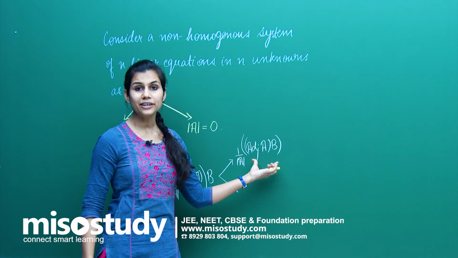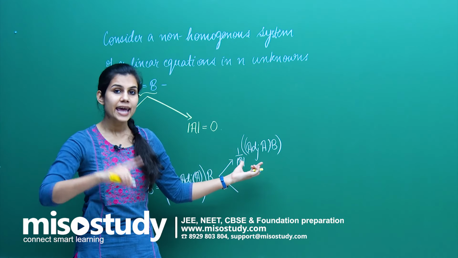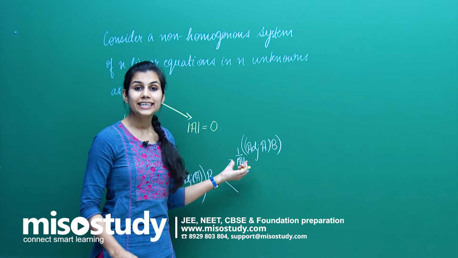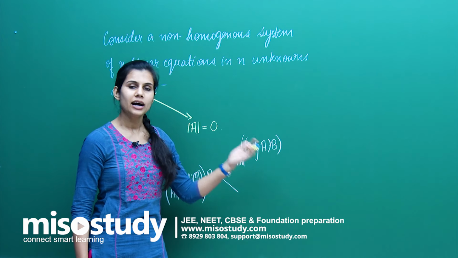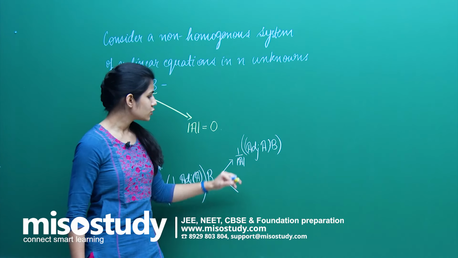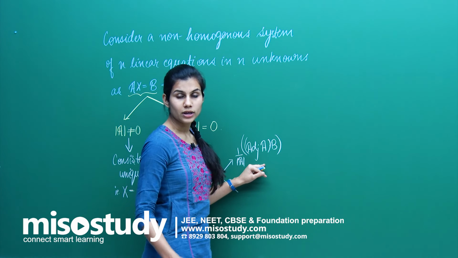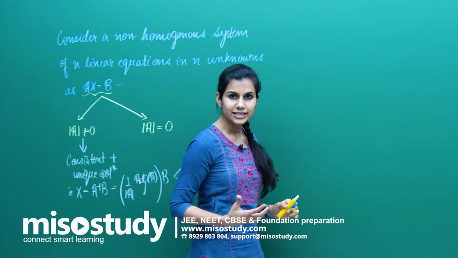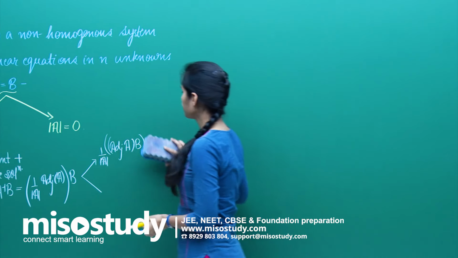So if this matrix turns out to be a null matrix of order n cross 1, then if you divide each and every element of this null matrix by determinant of A, again it is going to give you 0. So if you have adjoint of A into B equal to a null matrix of order n cross 1, let me express this as one of the possibilities which can arise.